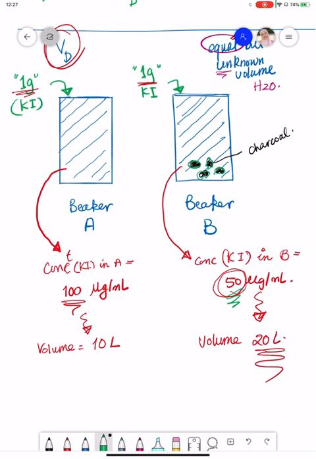When we did the back calculation, it gave us an idea that the volume is more, not because the actual volume is more, but because concentration equals amount over volume.